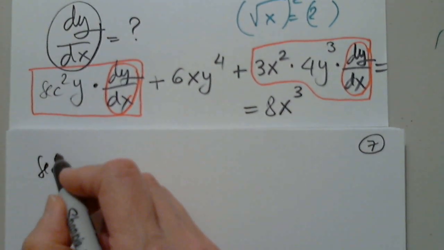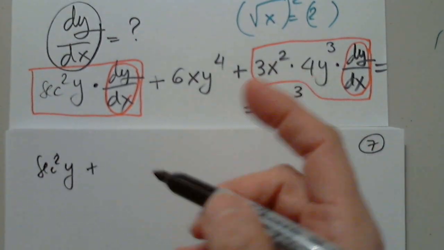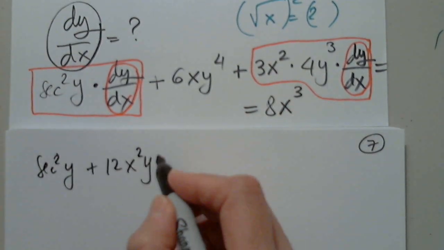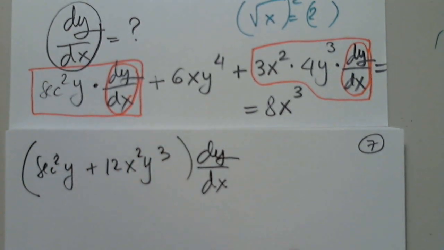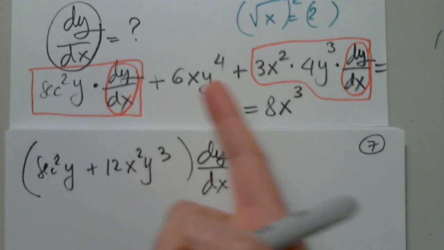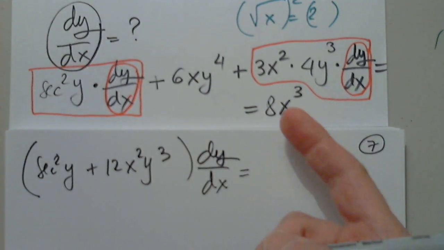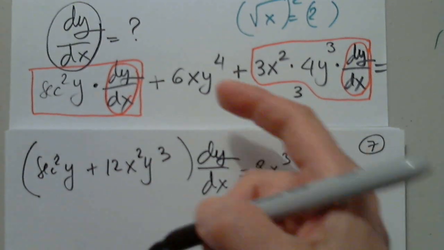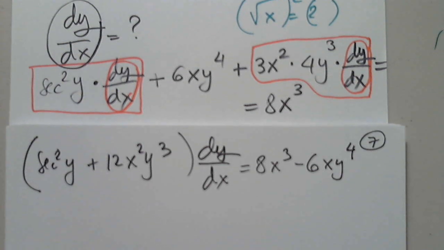So secant squared y plus 12x squared y to the third factored out dy over dx. I cannot add them, but I can factor out what they have in common. Equals 8x cubed minus 6xy to the fourth.